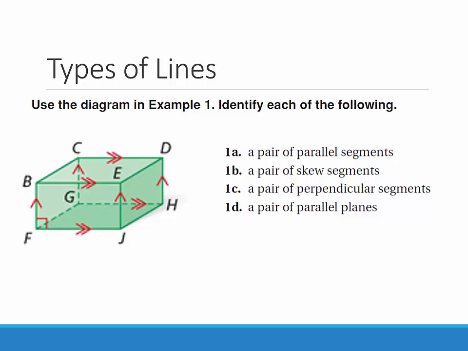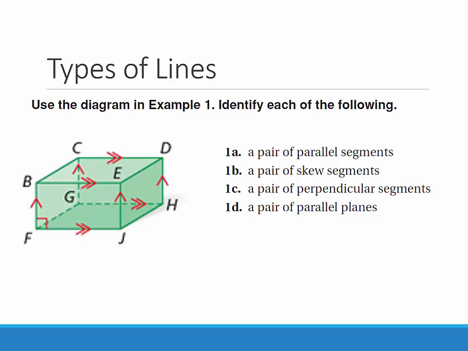So use this diagram. Identify each of the following. A pair of parallel segments. So we got a lot of arrows going on here, but remember, if they have the same number of arrows, they're all parallel. So everybody that has one arrow is parallel, and everybody with two arrows is parallel.